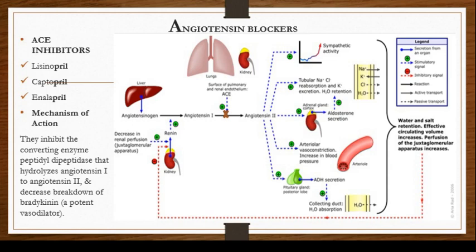Also, we are going to prevent the arterial vasoconstriction, and we're also going to inhibit the release of antidiuretic hormone from the posterior pituitary gland, which will act on the collecting ducts to prevent the reabsorption of water back into circulation. By so doing, we reduce the circulatory volume, and cardiac output will fall. So basically, this is the mechanism by which angiotensin converting enzyme inhibitors work.